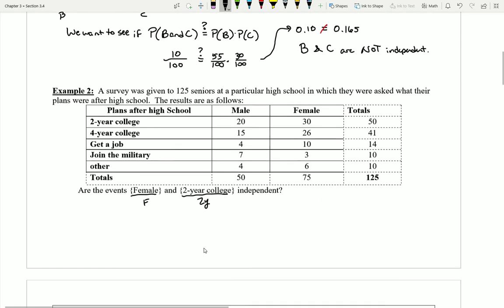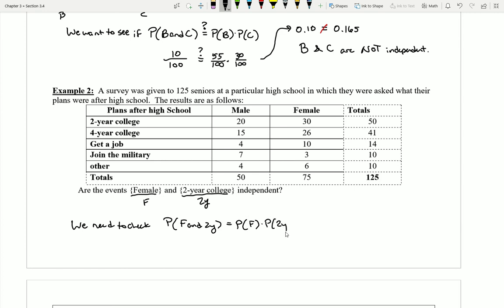Well, you know what you need to check. So again, you can say we need to check, is the probability of F and 2Y equal to the probability of F times the probability of 2Y? And that's a question.